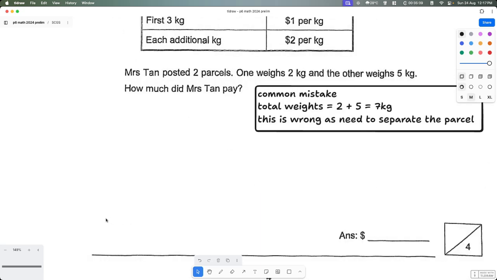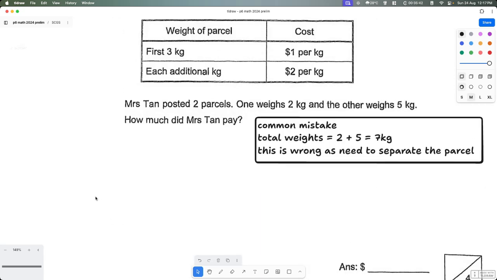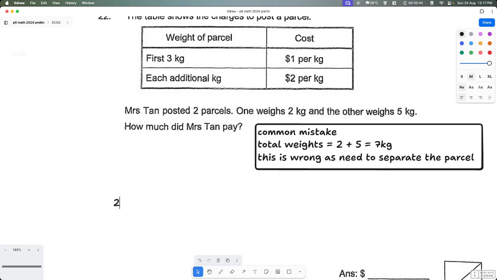Right. So for the 2 kg parcel, the cost will be equal to 2 times 1, equal to $2. So for the 5 kg parcel, the first 3 kg cost will be equal to 3 times 1, which is $3.